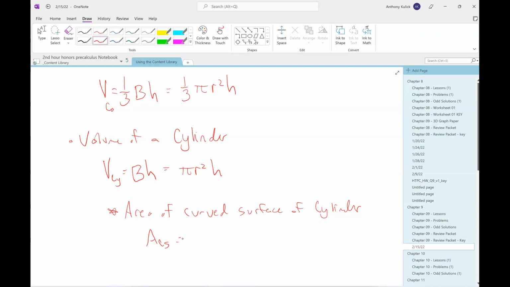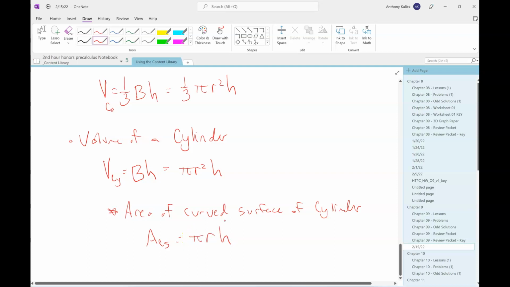What's that area going to be? Again, I'll use CS as curved surface. Yeah. So pi rh. Oops, 2 pi rh. Excuse me. Very good.